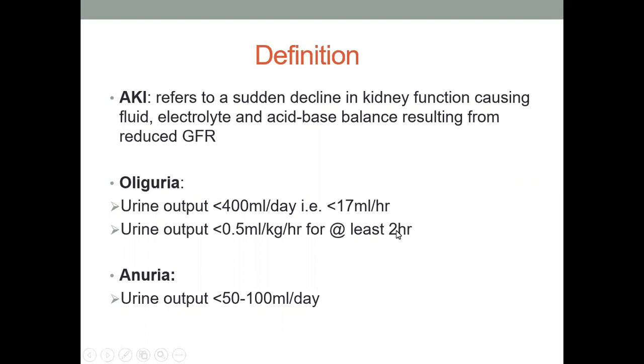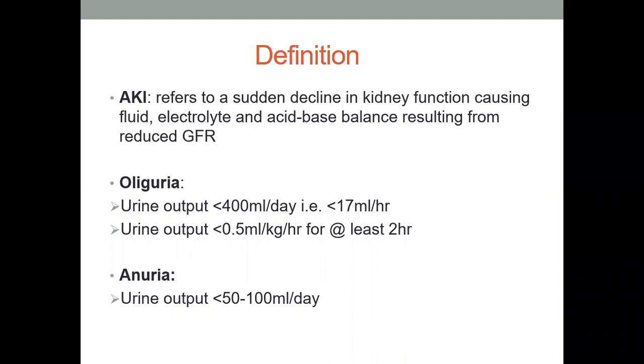We don't wait for 12 hours or 24 hours to say the patient is oliguric, because at that time a lot of harm might have happened. Uremia might have developed. So when a patient has less than 0.5 ml per kg per hour for at least 2 hours, we declare the patient oliguric. Anuria is when urine output is less than 50 to 100 ml a day.